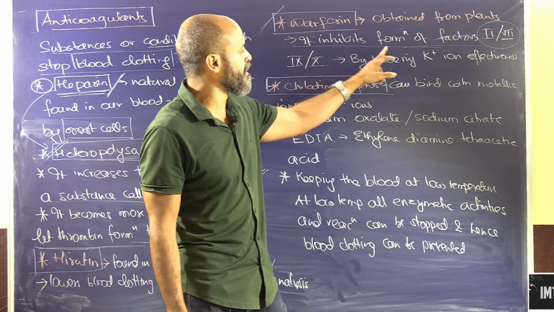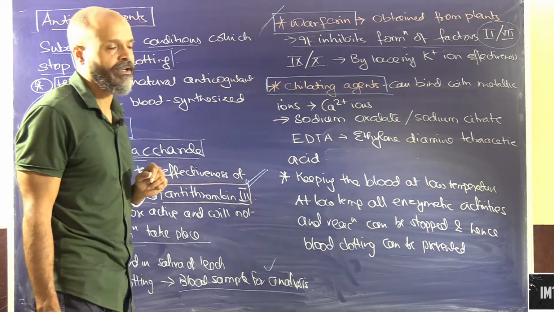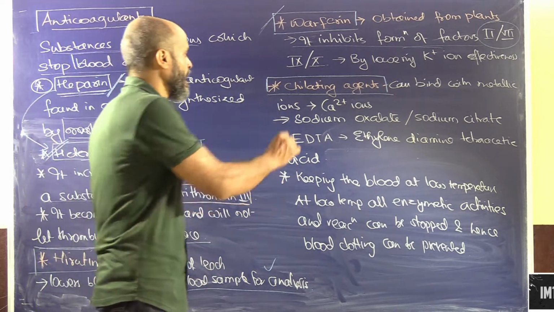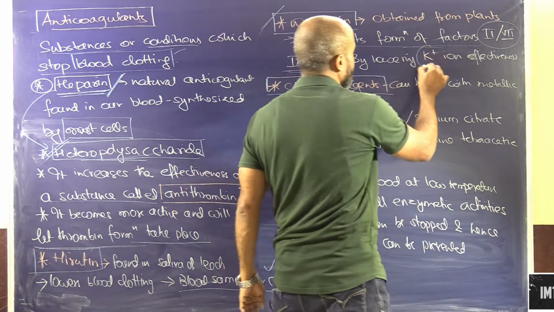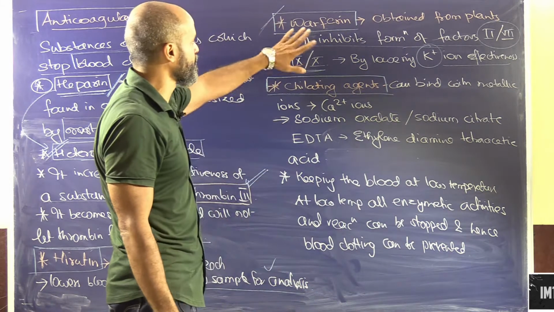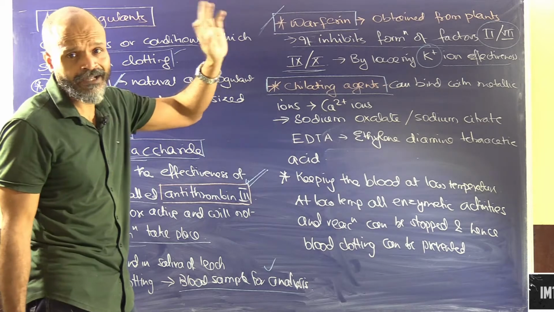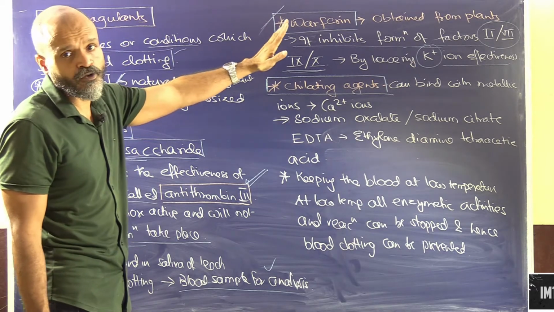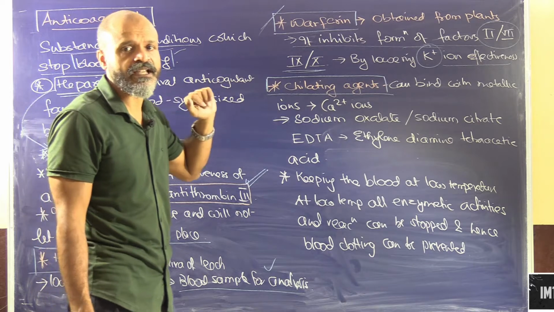So this prevents the formation of factors 2 and 7, and 9 and 10 as well. What it does is basically lower the effectiveness of vitamin K, and this is how warfarin acts. It is obtained from plants. This also can be added to blood samples in order to prevent their clotting, and they can be analyzed for whatever purposes they have been taken.